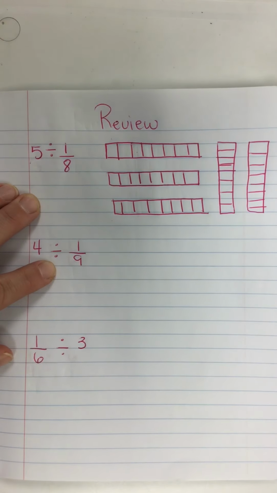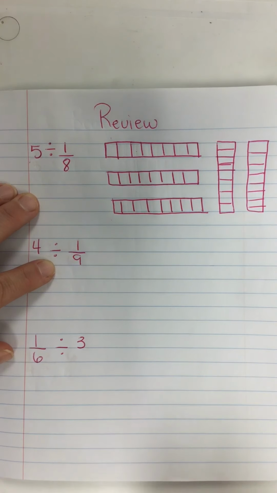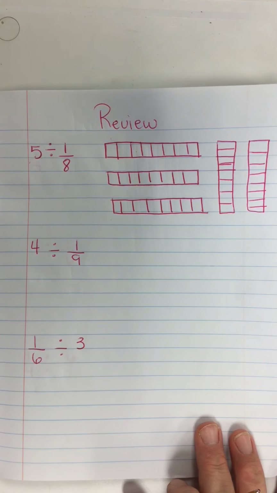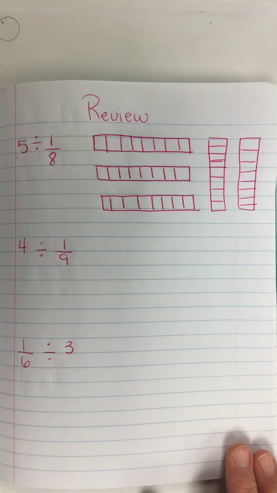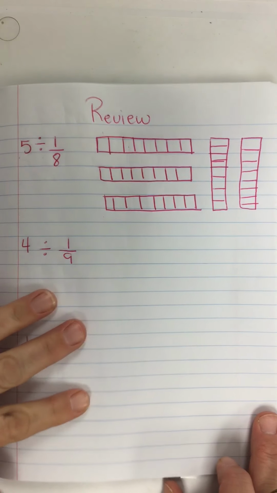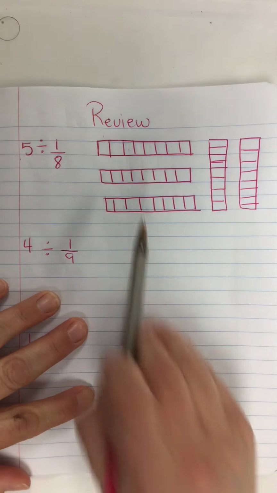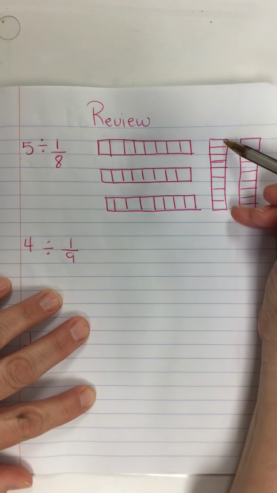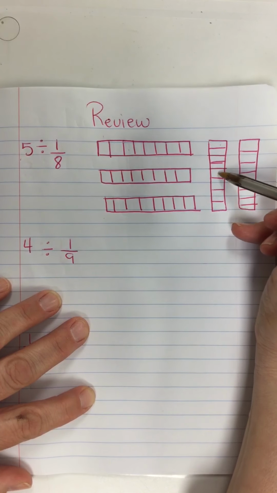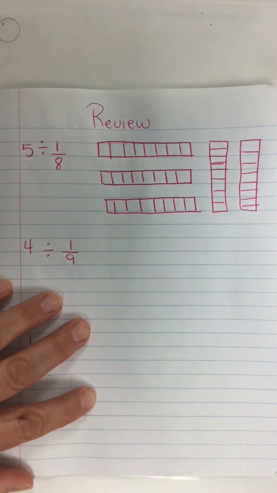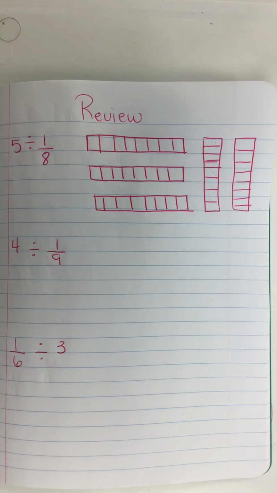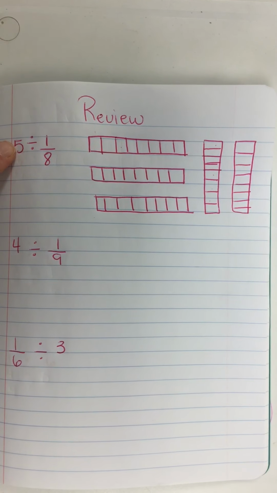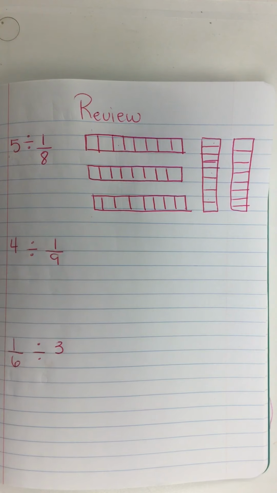Of course, I know we're not trying to make them correct as far as measurements, so it's okay if it doesn't look right, as long as you have 5 models, and each model has 1, 2, 3, 4, 5, 6, 7, 8 pieces. So I have 5 total models because I started with the whole number, and each model is broken into 8s.